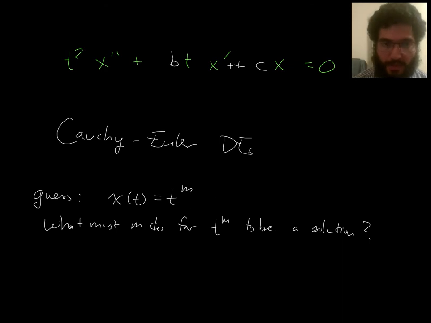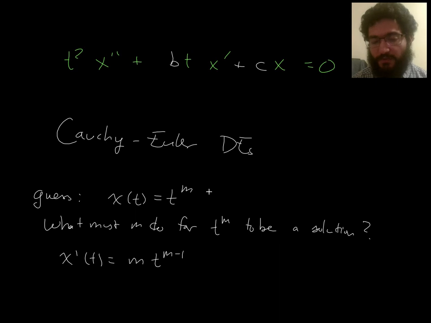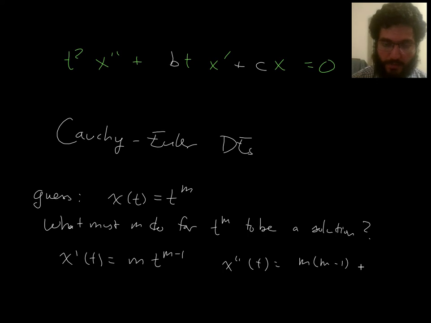So to put in the guess, I need to know x prime and x prime prime. Well, that's easy. x prime of t, just use the power rule. The power rule works even if m is not an integer, right? Like if it's square root t, m would be 1/2. Then this still works. And x prime prime would be m minus 1, t to the m minus 2.